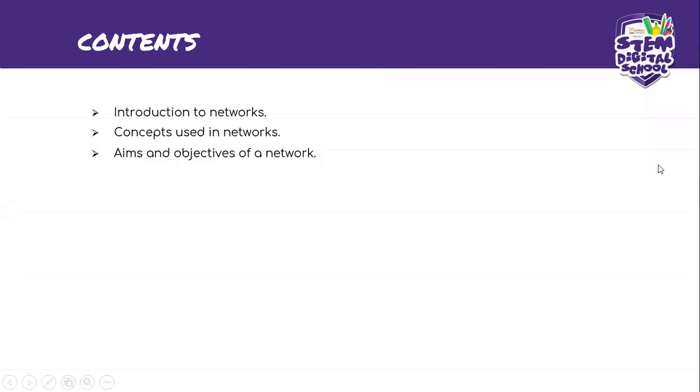Our lesson is going to focus on the introduction of networks, the concepts used in networks, and the aims and objectives of a network. What is a network used for? I would like anyone, if you have an idea of what a network is, please share with us.